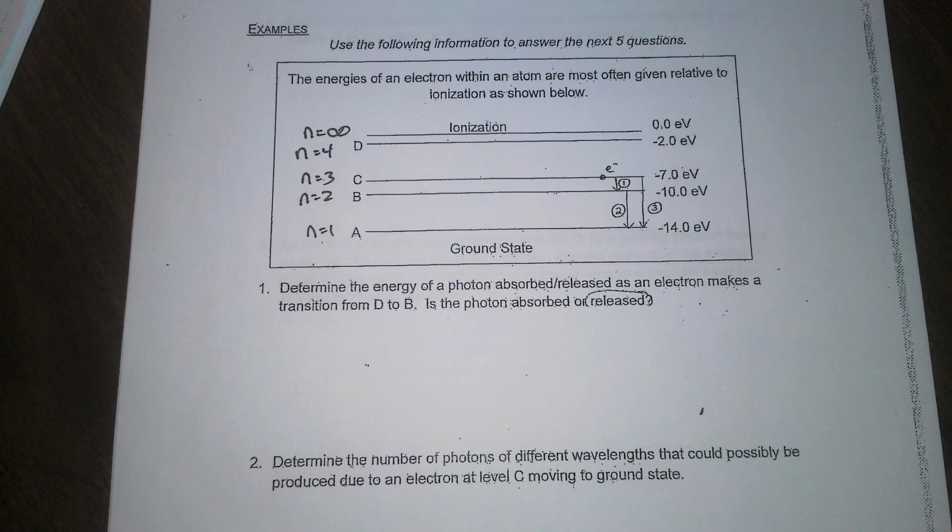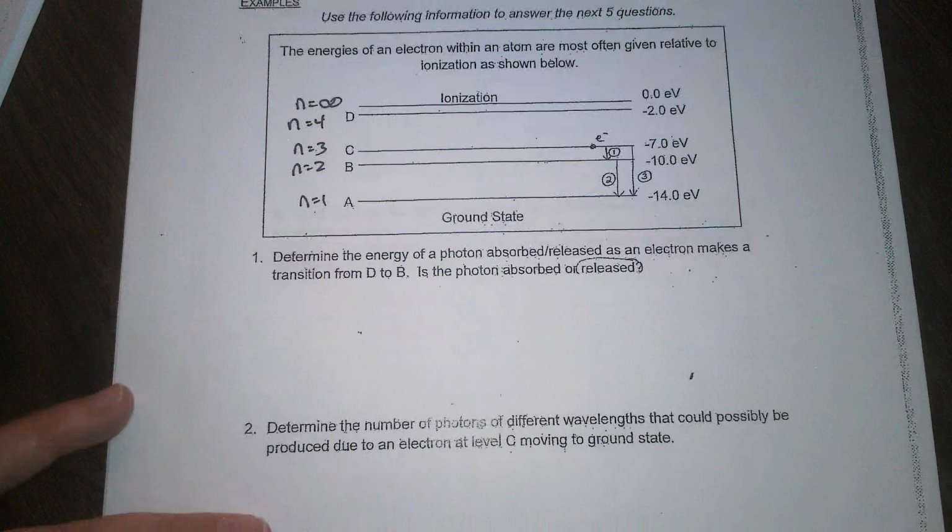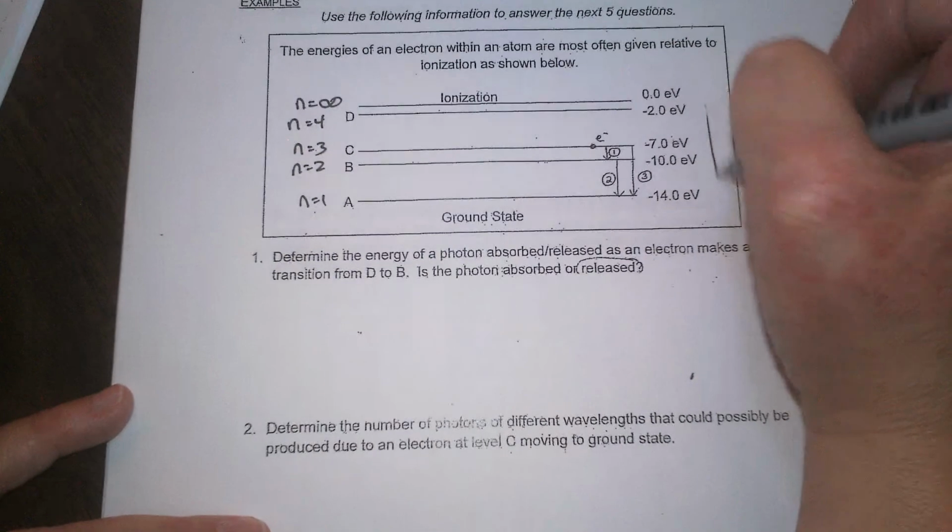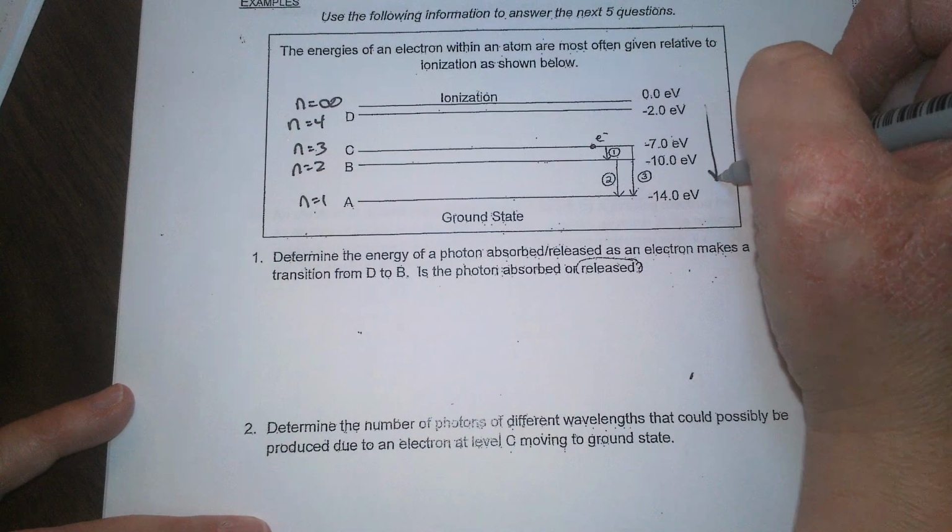So ground state is closest to being a dormant atom. Determine the energy of a photon absorbed or released as an electron makes a transition from D down to B.